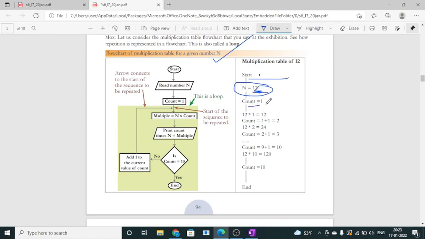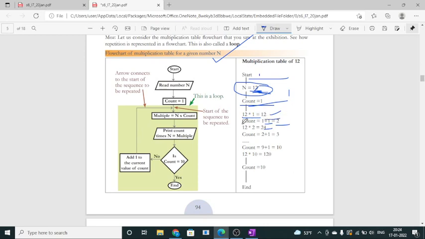So what will we do? We'll count 1, 12 into 1, 12. Count it, and we'll be adding 1 plus 1, 2, means 12 into 2, 24. Try to understand this process again. First, we'll take value n. Then we'll take one variable called count. Next, 12 into 1 is 12.